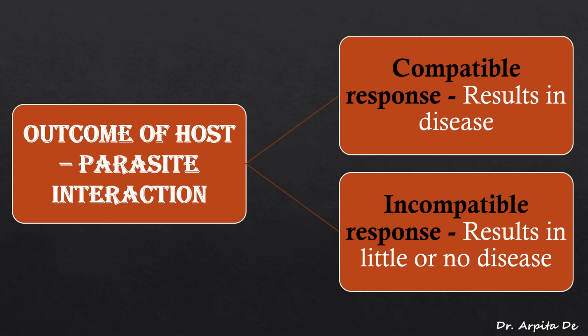When the response is compatible, this will result in disease, and when the interaction is incompatible, this will not result in any form of disease. Okay? Compatible means what? The pathogen is allowed to penetrate the plant cell and go inside. And if it is incompatible, it means what? The plant is defending itself. It is not allowing the pathogen to get inside its body.